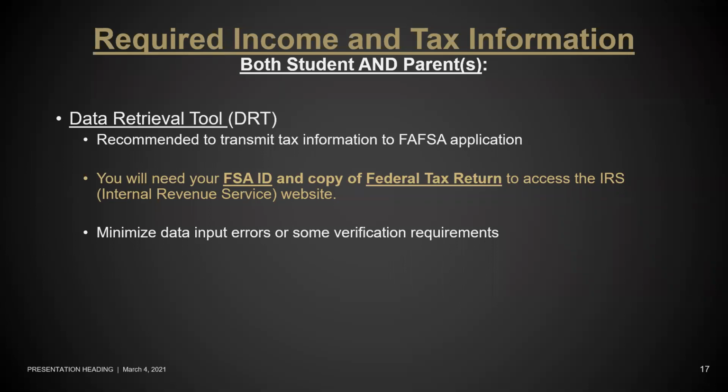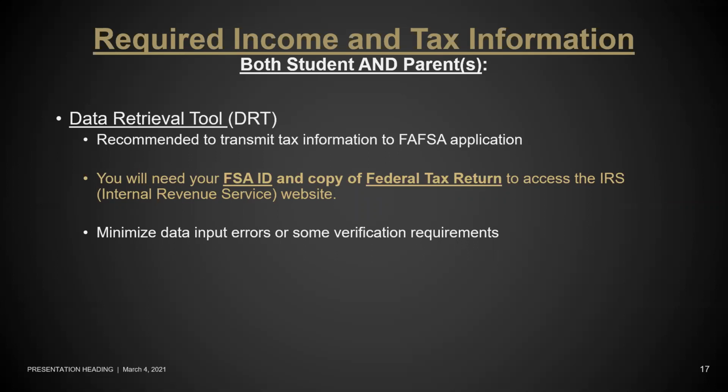And it will pre-populate some information: your name, your date of birth, your social security number, and your address. But the information that is pre-populated must match exactly the way it is on that federal tax return. If it does not, it will reject. It has to match so that it can find your tax information, so that they're pulling in the right tax information onto your FAFSA application.